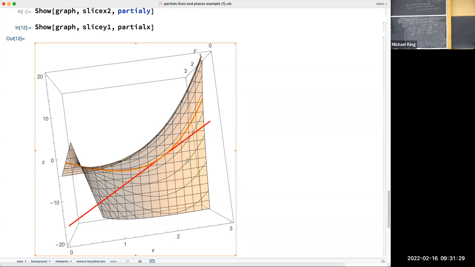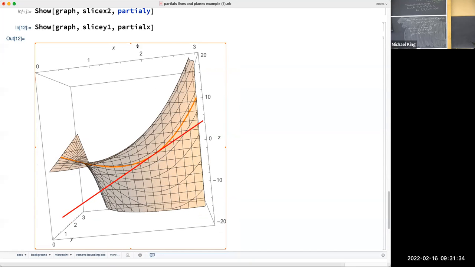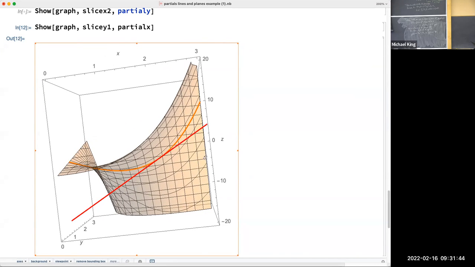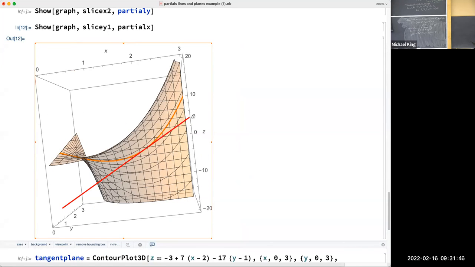So if you go over 1, it does look like you're up to about, well, I guess this height is somewhere below z equals 0. So that's plausible. You've gone up about 7 units on the z scale if you go over 1 unit on the x scale. Yeah. Okay. So does that make sense?